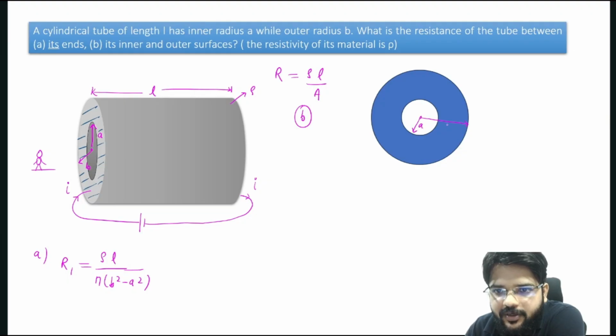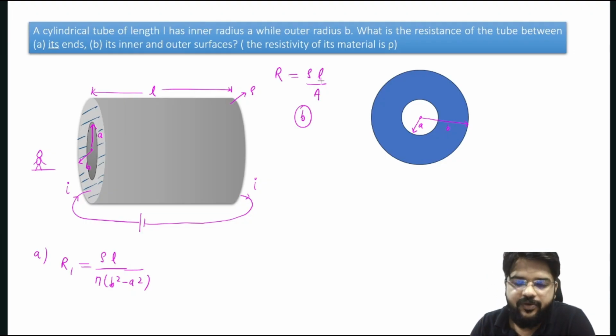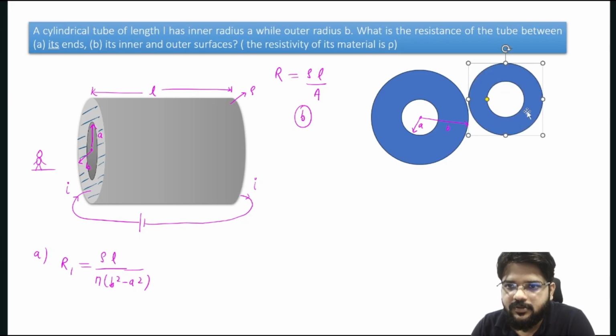Inner radius is A, outer radius is B. Next, we will consider one ring in this cylinder. Now consider one ring.